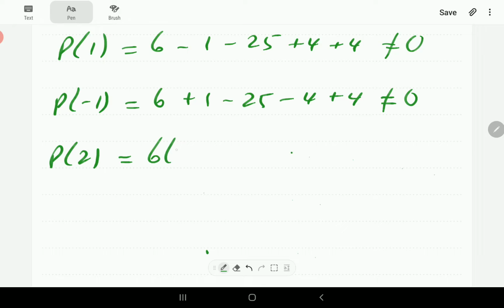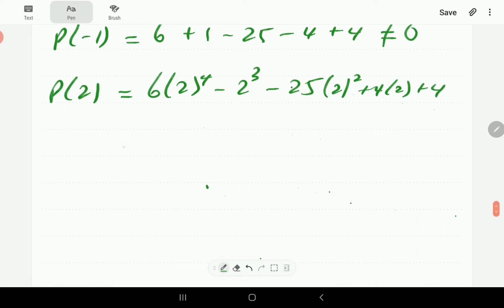So for 2, we're going to have 6 times 2 to the power 4 minus 2 cubed minus 25 times 2 squared plus 4 times 2 plus 4. First one is going to work out to 96. 2 cubed is 8. 25 times 4 is 100.